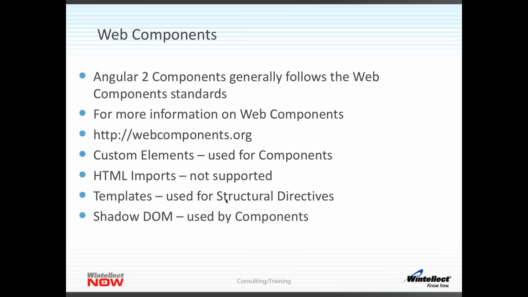And then the shadow DOM. Now, we're not going to be talking about the shadow DOM either, but those 3 things are all part of Angular 2 components. Now, the HTML imports part of it, that's not really needed because of the way Angular 2 applications are built. But nevertheless, the actual part that defines what a component is, that's how Angular 2 components are actually created. And so that's one of the big reasons I like using Angular 2, is because it is following those standards.